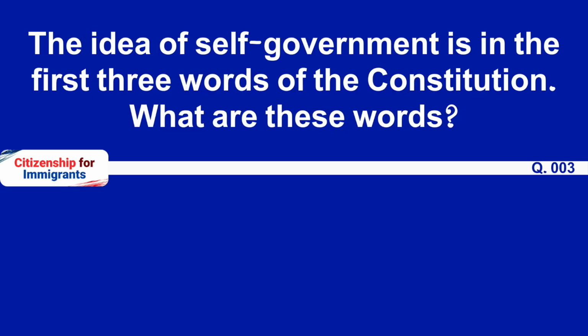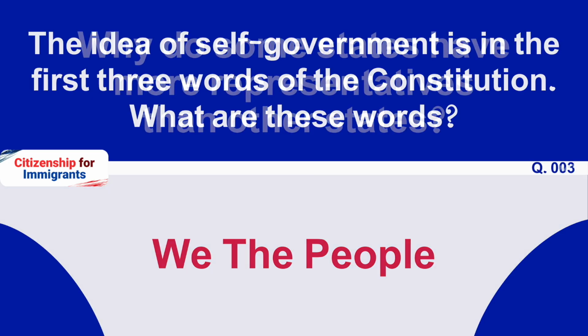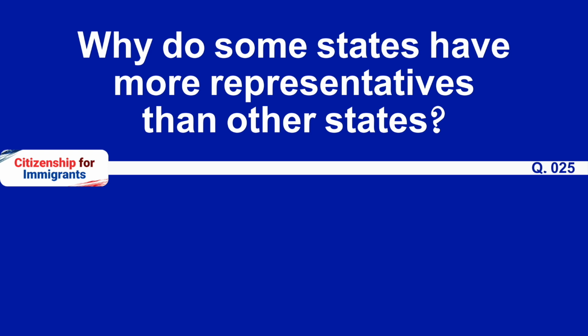The idea of self-government is in the first 3 words of the Constitution. What are these words? We the people. Why do some states have more representatives than other states?